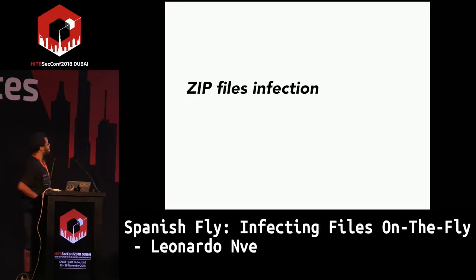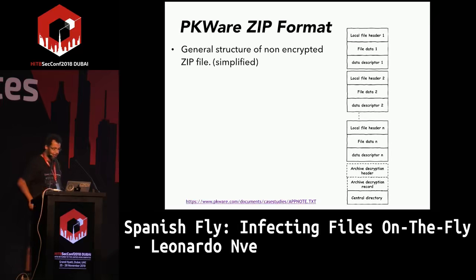Now I'm going to talk about zip files. The zip format was made by PKWare. The format is basically, each file is compressed individually and put together in the zip.